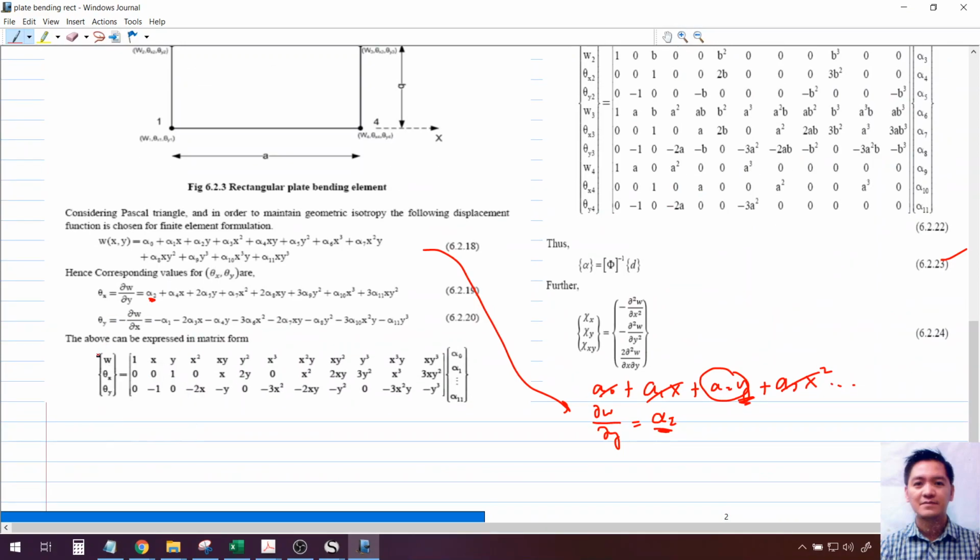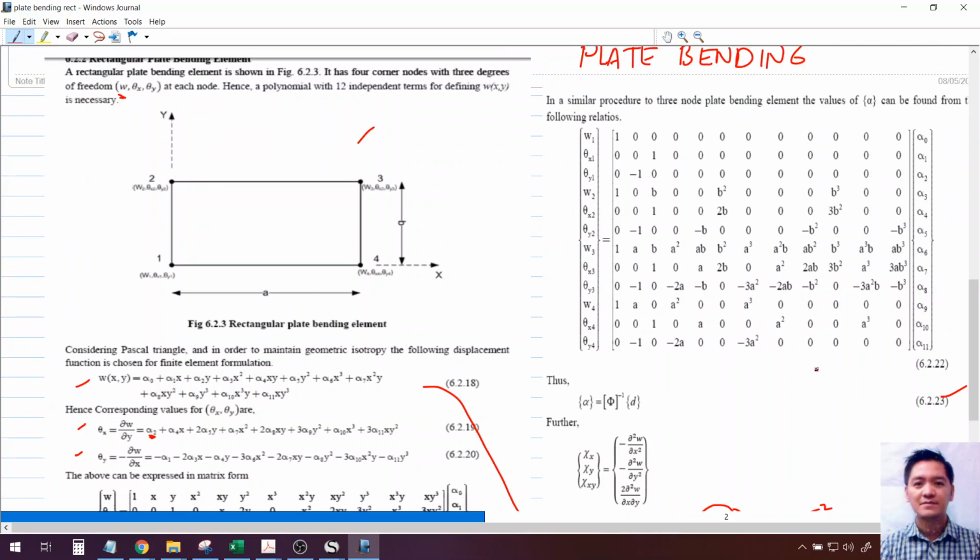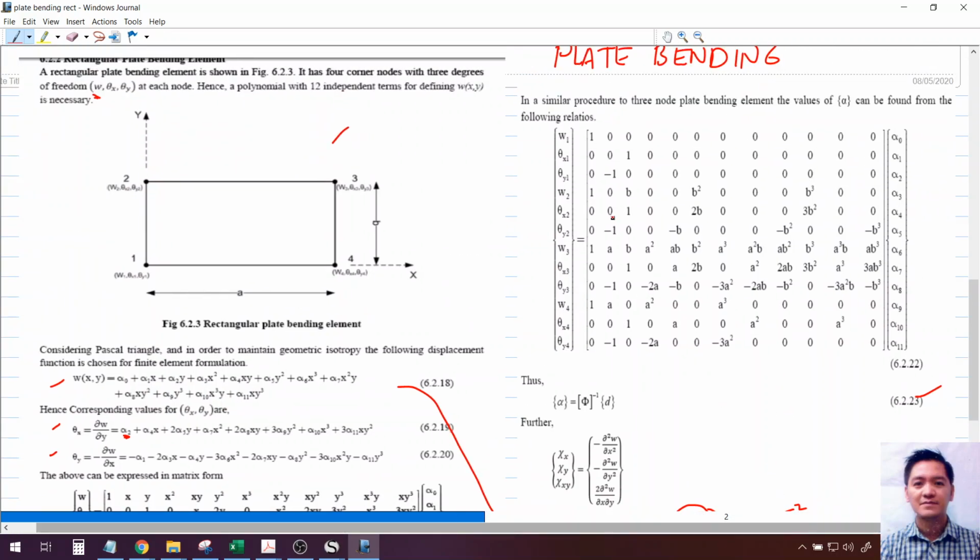So, if we put these in matrix form, you'll get this. Now, there are procedures for the triangular element that I did not discuss, since I went straight to the rectangular plate bending element. We can relate the unknown constants alpha to the unknown displacements by this matrix.